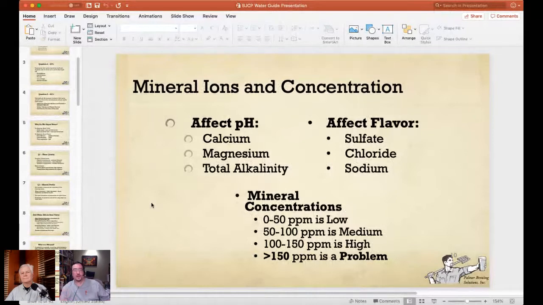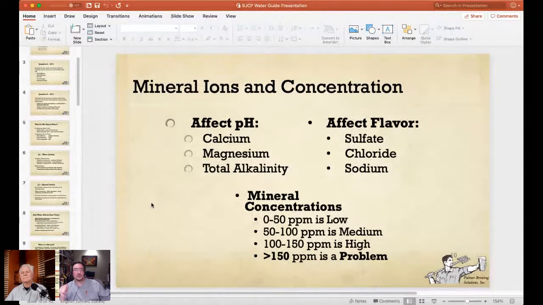Bicarbonate ion is the primary alkalinity ion in potable water. That is, any water that you're getting out of the tap is probably going to have a pH somewhere between 7.5 and 9. Those are the typical pH range of potable water.